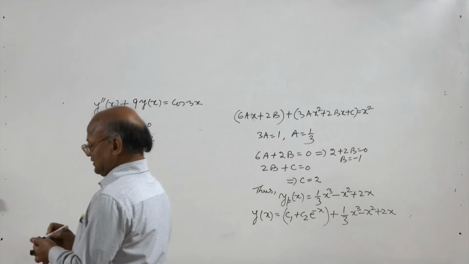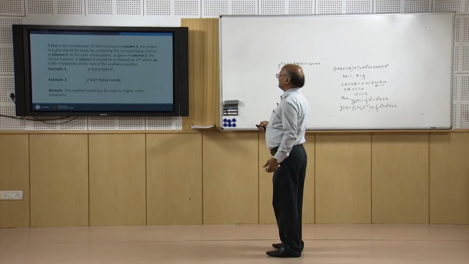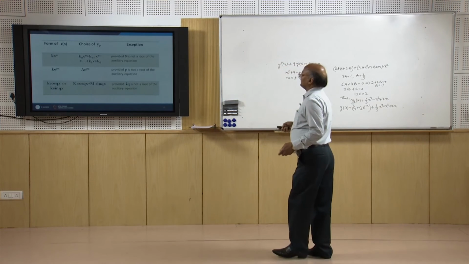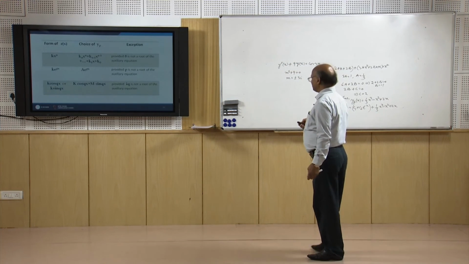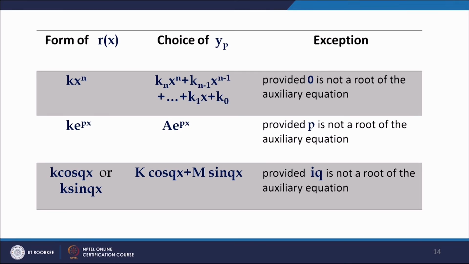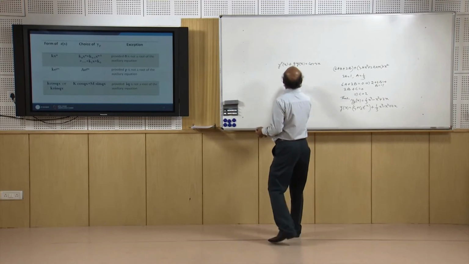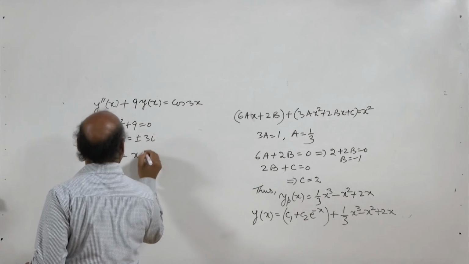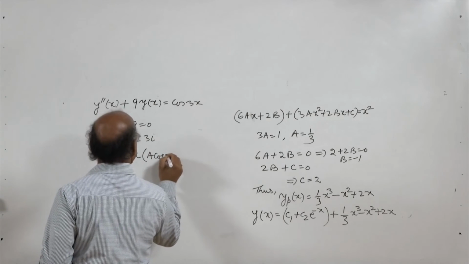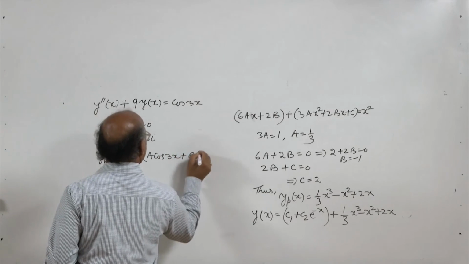Now this is an exceptional case because R(x) here is cos 3x, and we see that 3i is a root of the auxiliary equation. So what we see is that 3i occurs once here, therefore y_p(x) will be assumed as x times (a cos 3x + b sin 3x).